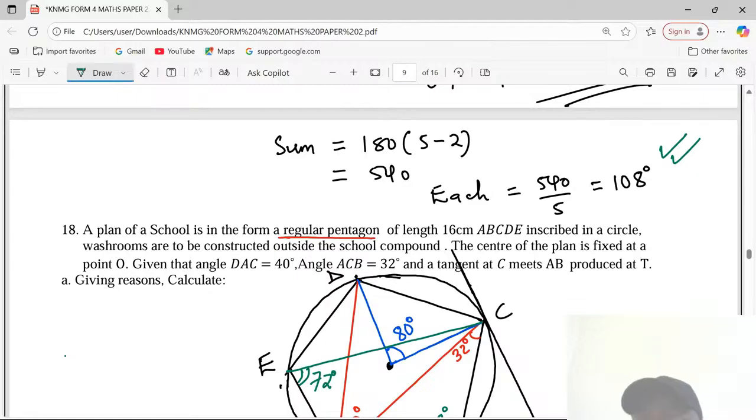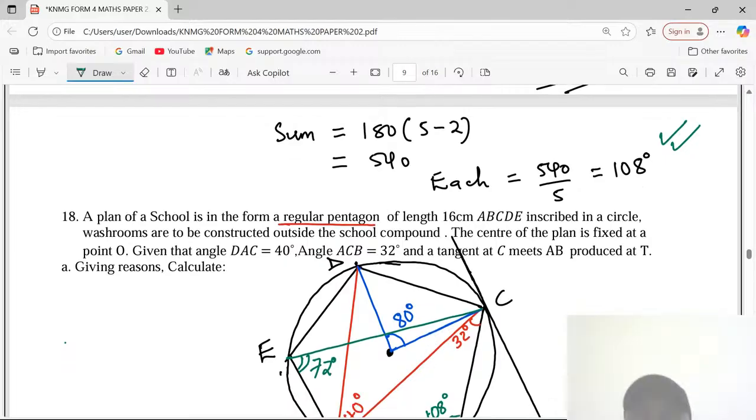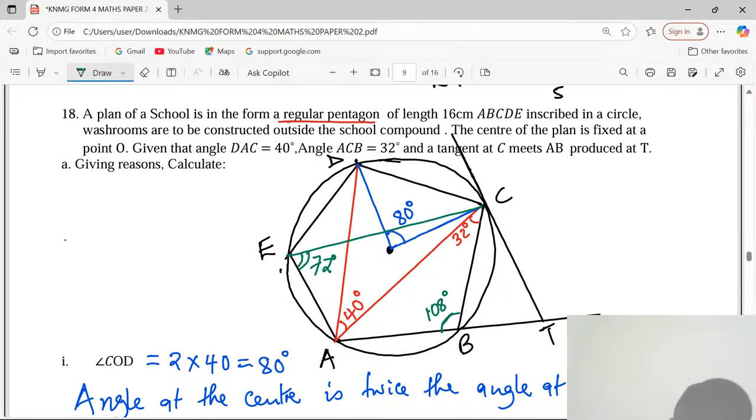They are 5 in number, adding to 540. Therefore, we can divide this sum by 5 because it is regular, so they are all equal. We divide by 5 to get 108. So each interior angle is 108 degrees.